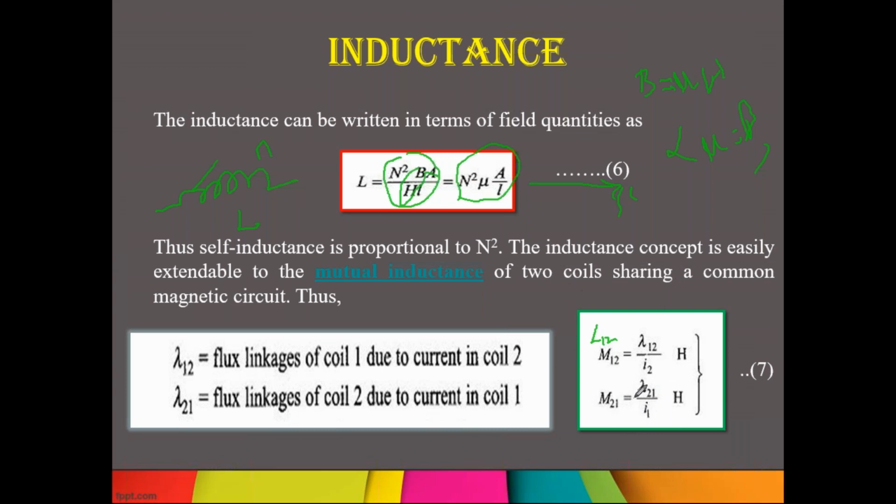Generally, if you are finding self-inductance, the formula is L is equal to lambda by I. If you want to find the mutual inductance, it is denoted by L12 or L21, and based on that formula you can write like this. So this equation is given for the mutual inductance.